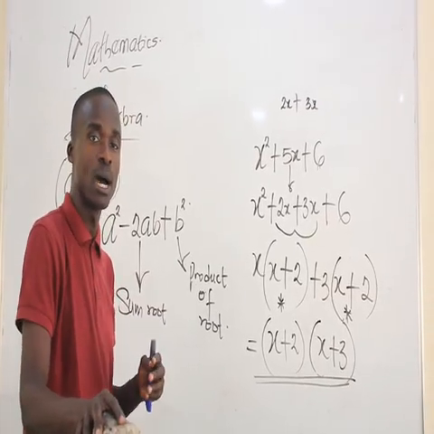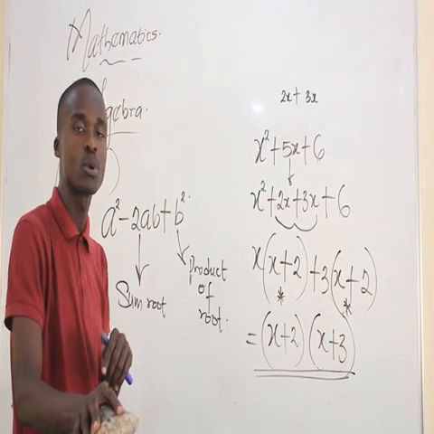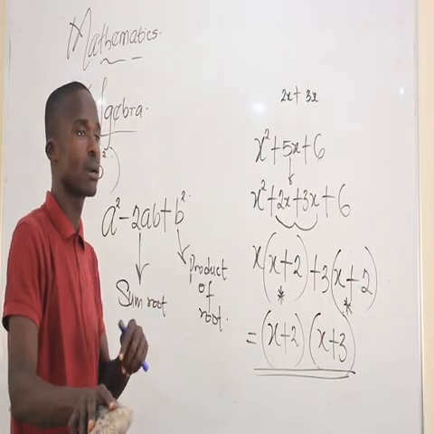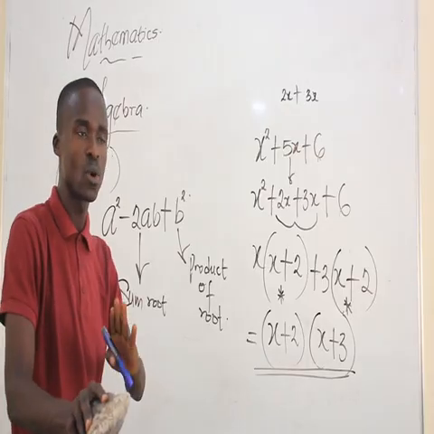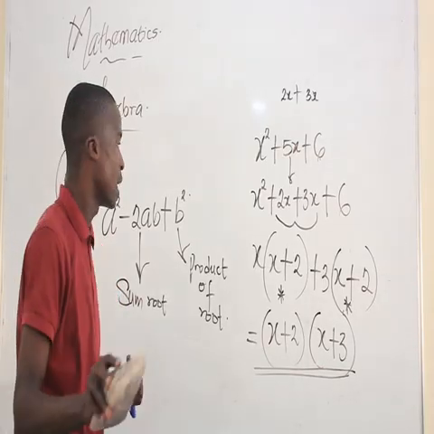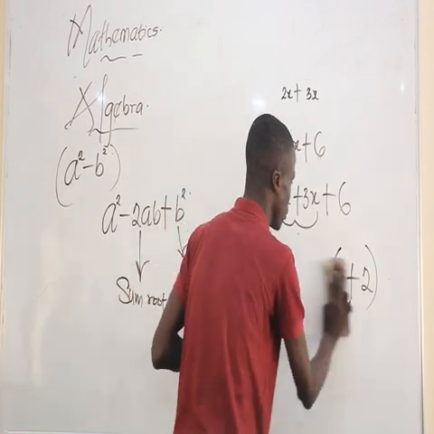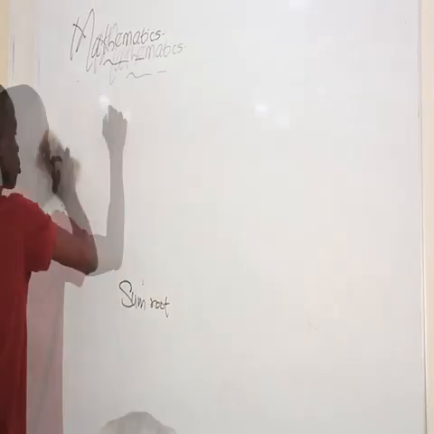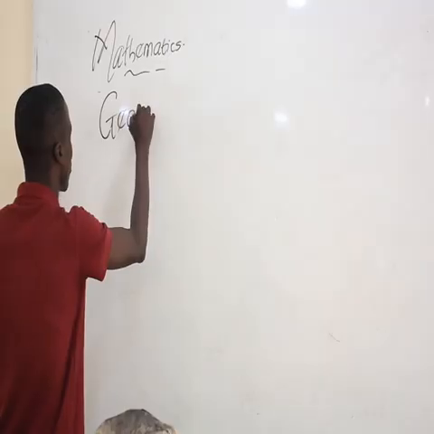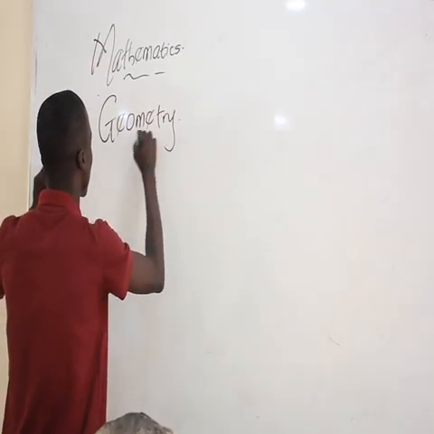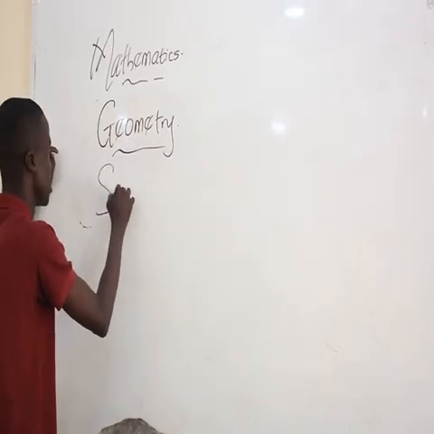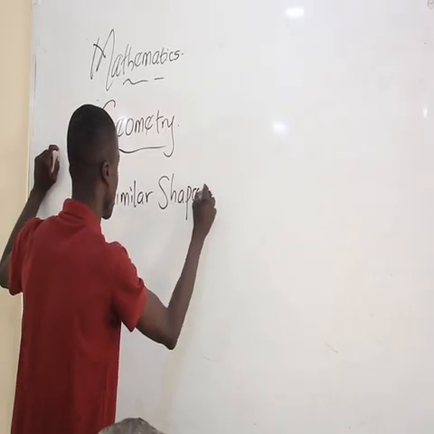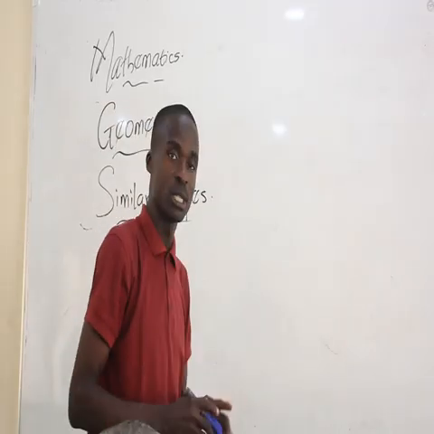geometry. Now this time in geometry, we have been able to consider similar shapes. Similar triangle, similar rectangle, similar shape in whatsoever form it can present itself. Now under geometry, similar shapes.